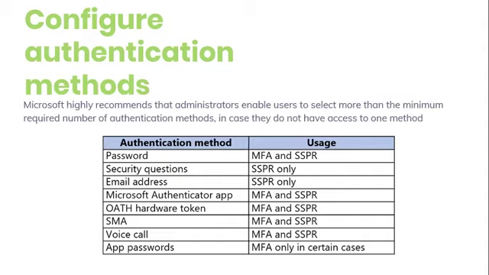We recommend that administrators enable users to select more than the minimum number of required authentication methods in case they do not have access to a certain one. The following table lists the authentication methods and the services that use them.